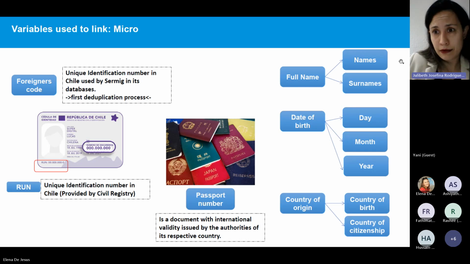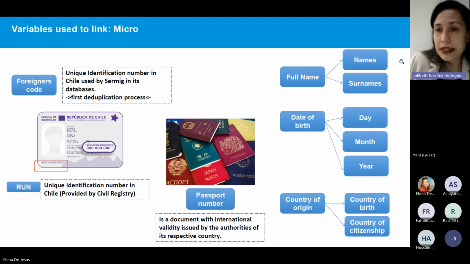The main variable to generate identification keys varies depending on the databases of the institution that are being processed. For example, the migration service database has its own key or code that they assign to each person who carries out an administrative procedure with them. The variable is called foreign code.